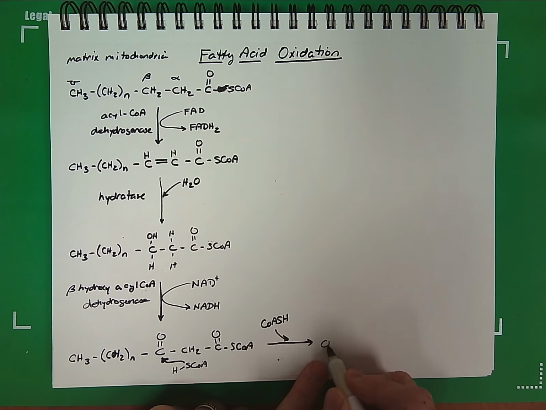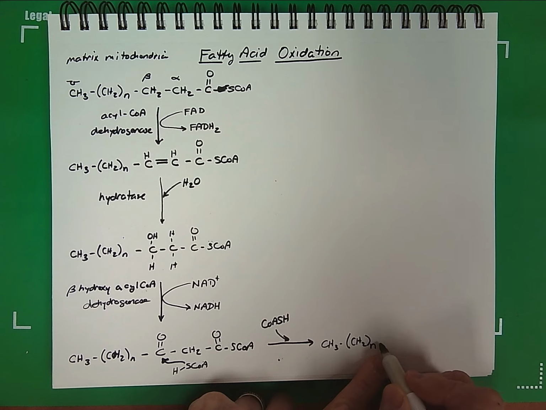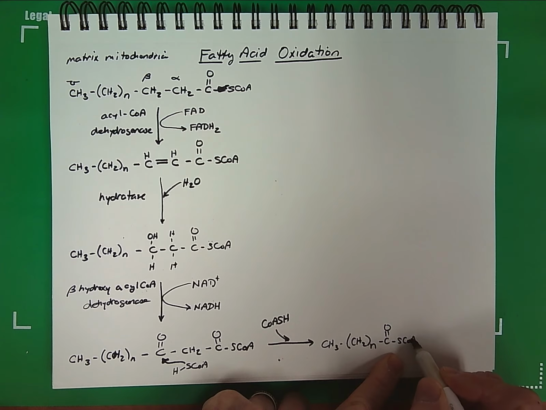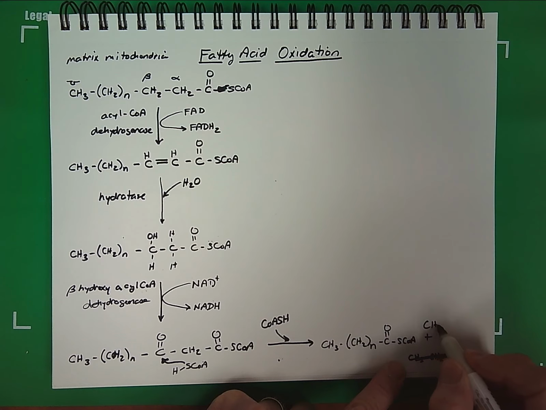So what we will generate is a fatty acid that is 2 carbons shorter than the original. Whoops. Let me draw this correctly.